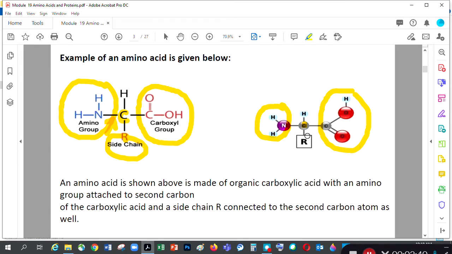This side chain can include a hydrocarbon chain. So this is the main building block of an amino acid: carboxylic acid, amino group, connected to the alpha carbon, and you have an organic compound connected to this carbon as well.